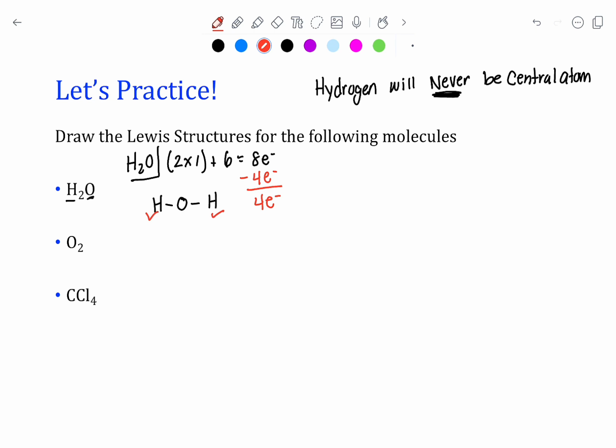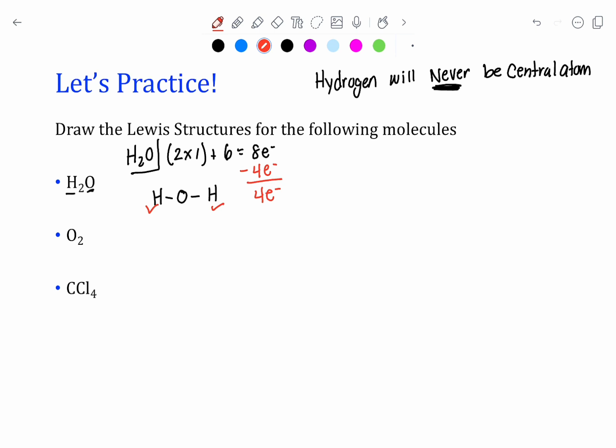We move on to step 5, which says place any remaining electrons on the central atom to complete its octet. So we have 4 remaining electrons. Oxygen only has 4 electrons surrounding it right now. So these excess 4 electrons are going to be placed on the oxygen as lone pairs to complete its octet.